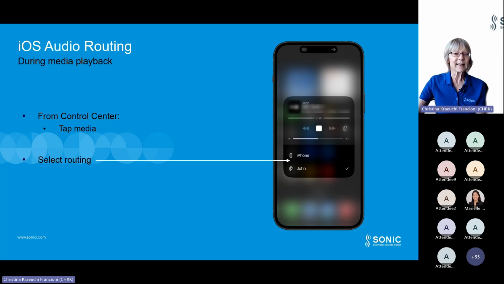And then he can tap on the screen and he will see what media is playing. And then the client can select the audio routing, whether it should be on the iPhone, on the hearing instruments, or wherever he would like to use it.